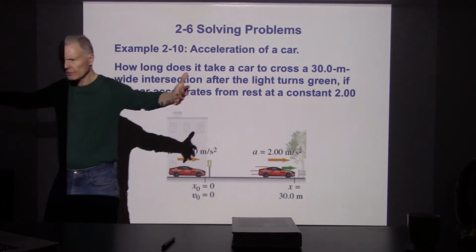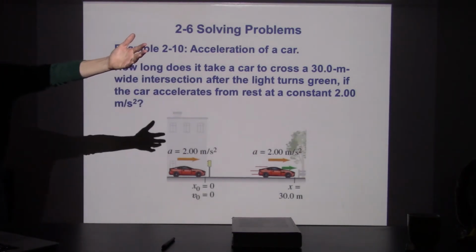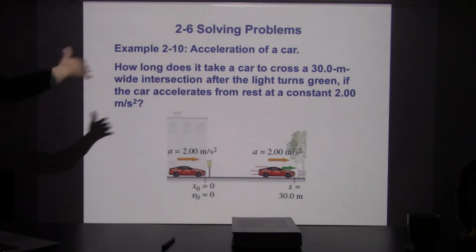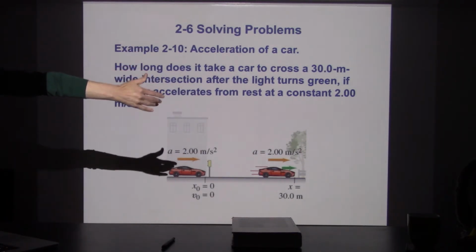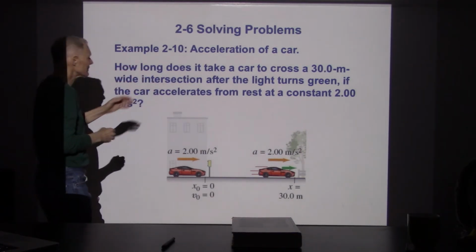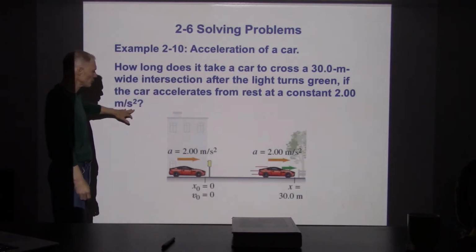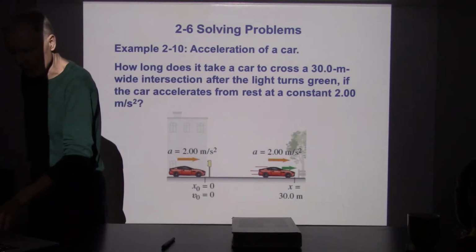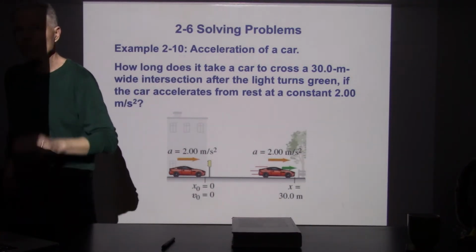So it's a pretty good sized intersection. So it's 30 meters. Wow, that's a really big intersection. So 30 meters across this intersection, and we're going to be accelerating at 2 meters per second. How much time is that going to take? Okay, so we've got the setup.